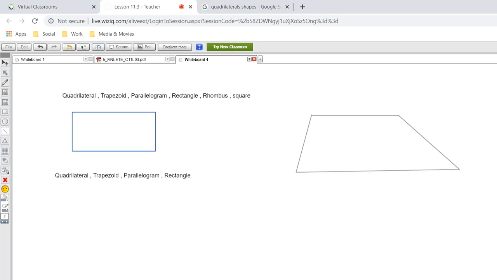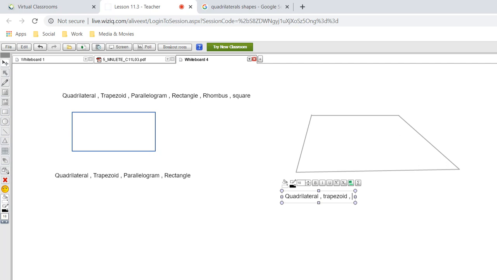What about this shape? What are we going to write here? Quadrilateral. Then trapezoid. Can we write more, guys?